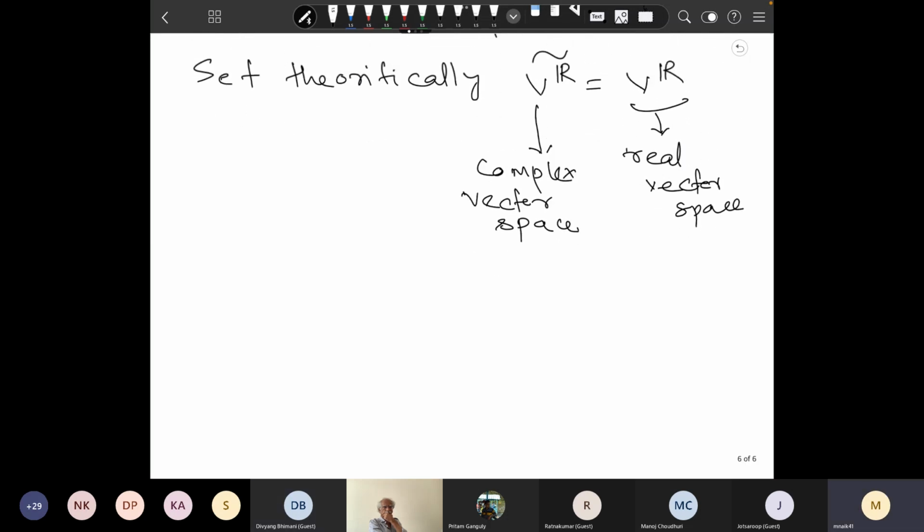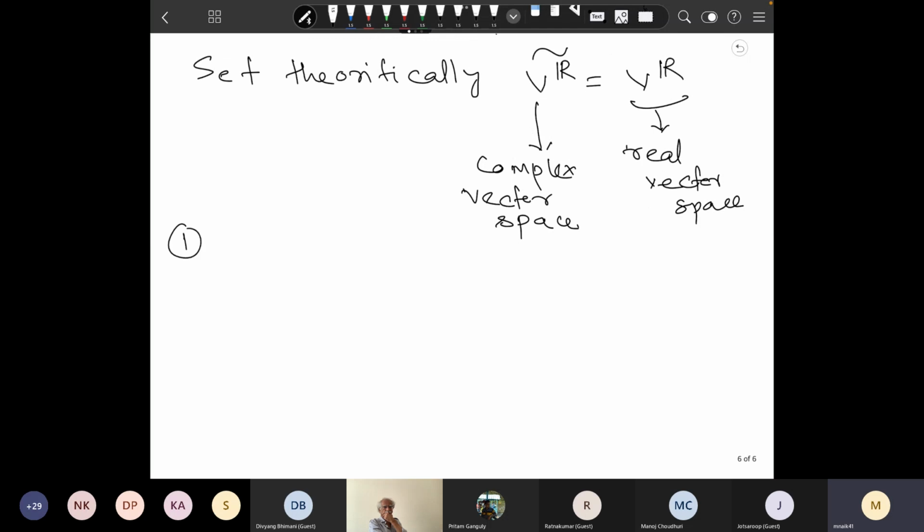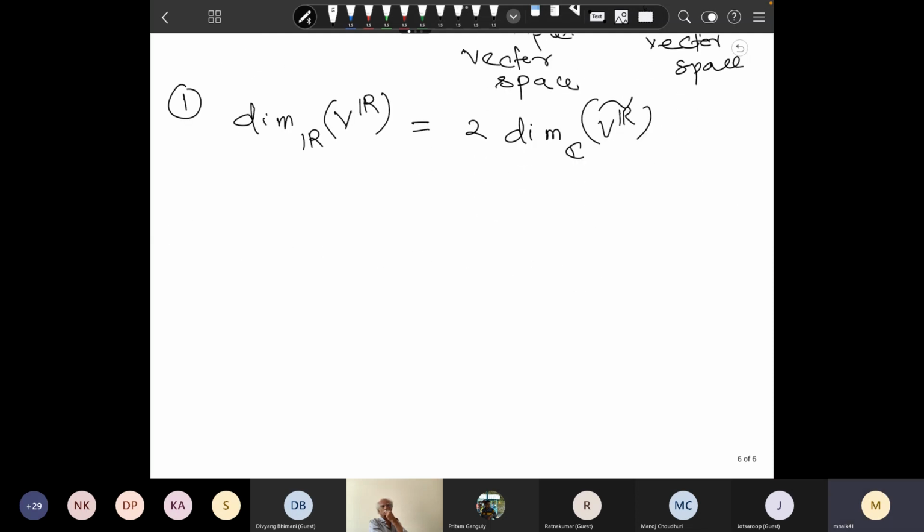Now similar observations you can get: the dimension of VR over R, you will get 2 times the dimension of VR tilde over C.